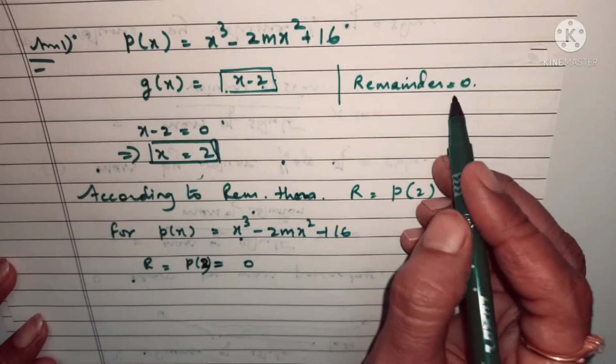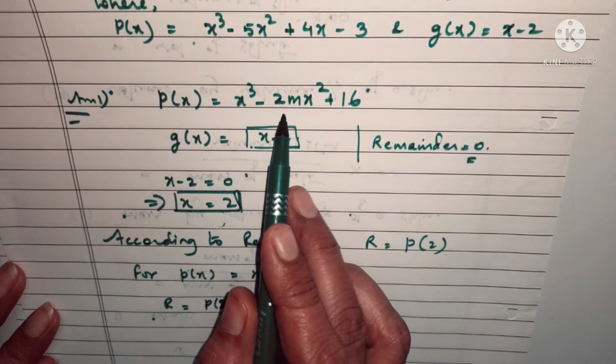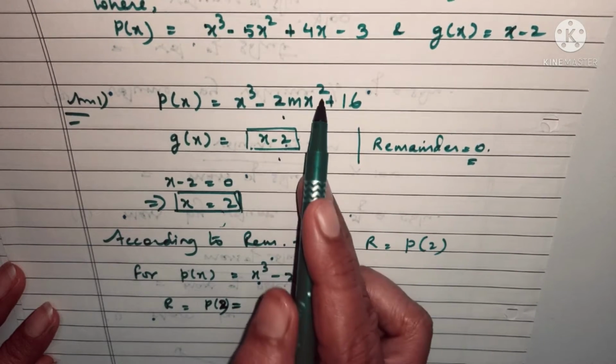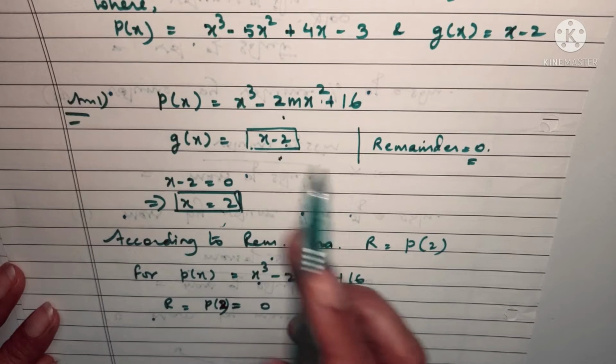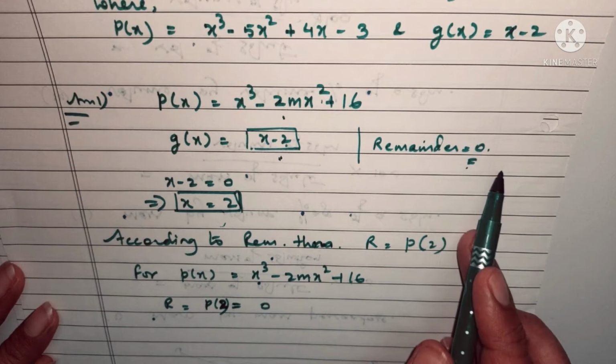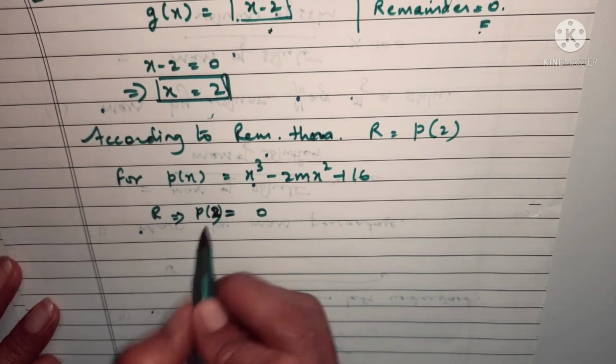Why? Because remainder is going to be 0 as your x minus 2 is dividing this expression. It means this expression is divisible by this, and when this expression is divisible by this, it means there is a remainder equal to 0. So we are going to equalize it to 0. Okay, this remainder is equal to 0.